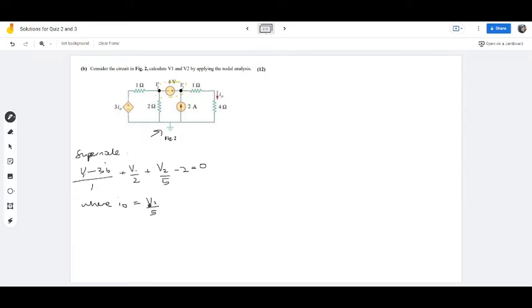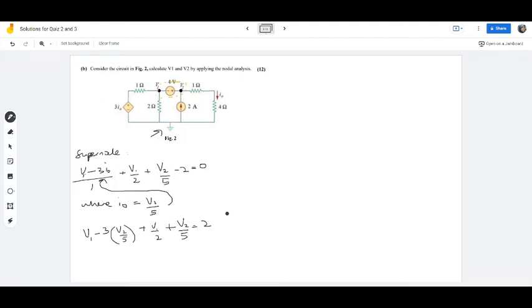I substitute this into that bit there. So I will have V1 minus, because it's over 1, I can take away the denominator, I just substitute my I naught there, plus V1 over 2, plus V2 over 5 equals 2.